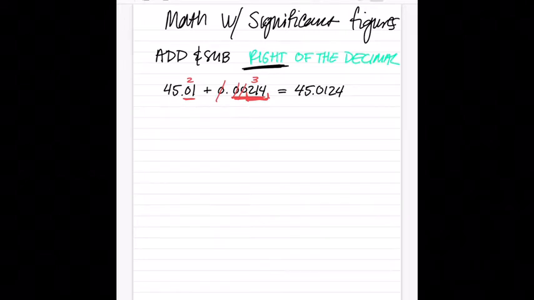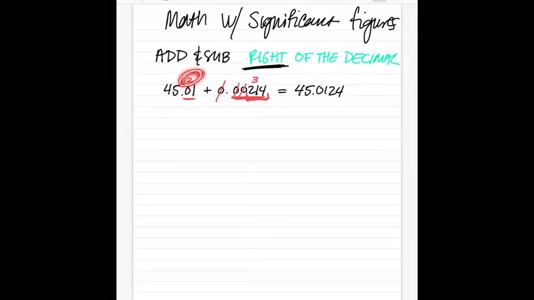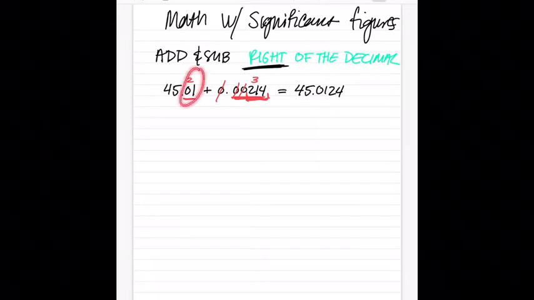So this part of my equation only has 2 to the right of the decimal. This one has 3. So we can only be as accurate as our least. Our answer needs to be reported to 2 significant figures after the decimal, because we looked at the decimal here.